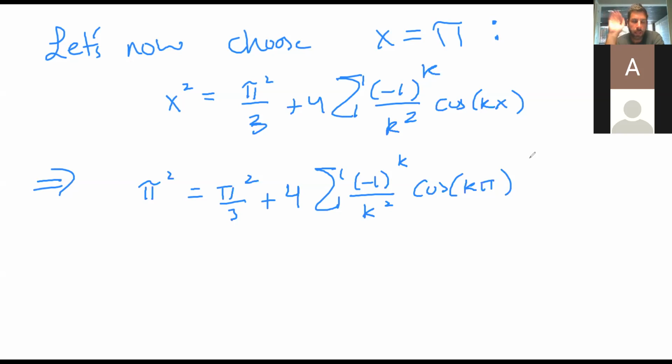And so what do we know about cosine? Here's the thing to not forget: cosine of k pi equals one of two things. It equals 1 sometimes, and it equals -1 the other times. It equals 1 when k is even, and it equals -1 when k is odd. Yes or no?